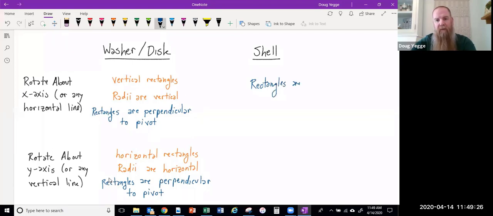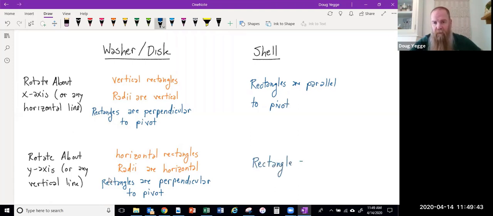This is going to be really beneficial for us, as you're going to see in this next example, because I'm not going to have to break it up into two separate integrals, and oftentimes the integral itself is going to be much easier to calculate.